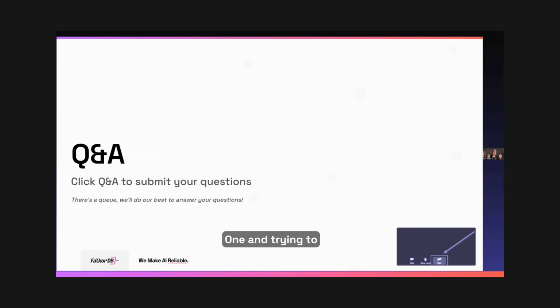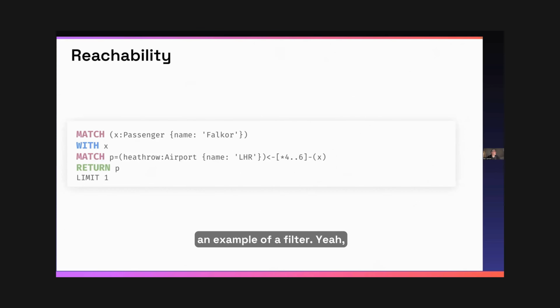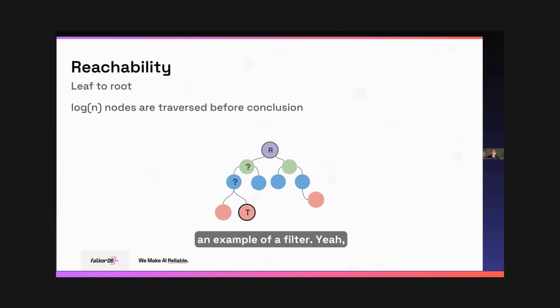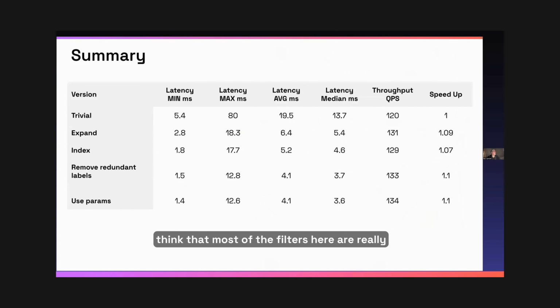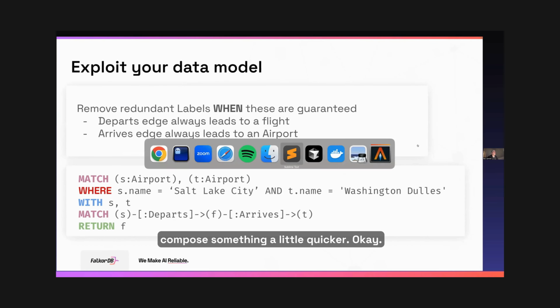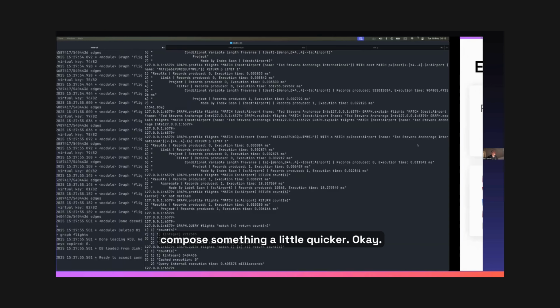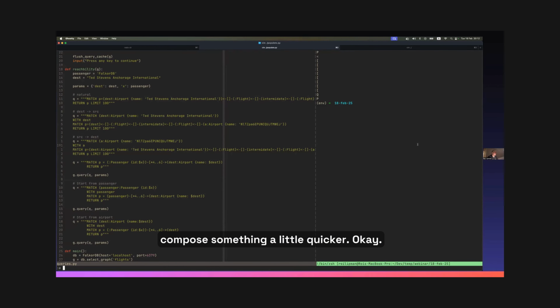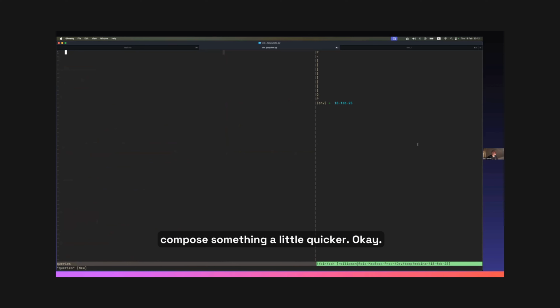Filters, and trying to see if a node has a friend relationship with another node. Applying filters, let me just give an example of a filter. I think that most of the filters here are pretty simple. But let me quickly try and see if I can compose something here. Okay, just move things to the side.